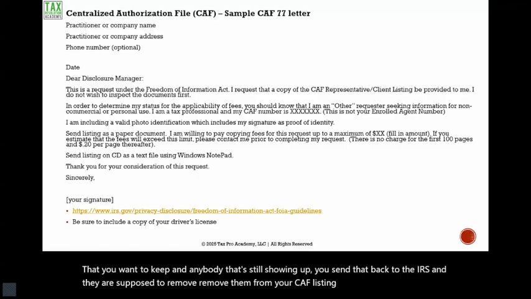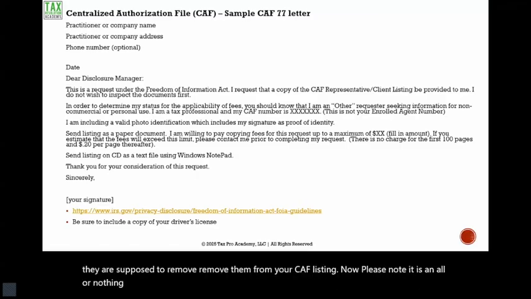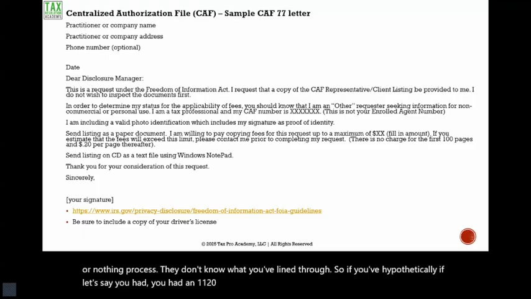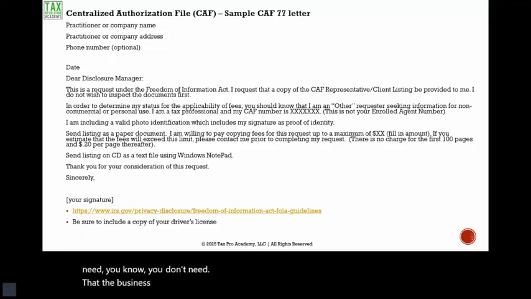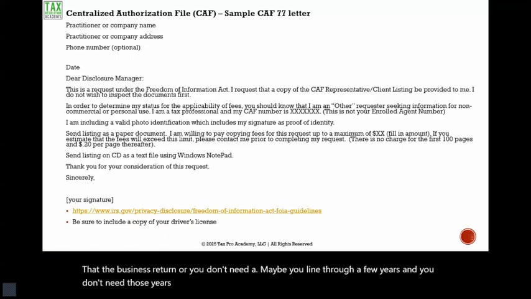Now, please note it is an all or nothing process. They don't know what you've lined through. Hypothetically, if you had an 1120S and you had payroll returns, and you line through the payroll returns because you're still dealing with a case on there, but you don't need the business return, or you line through a few years you don't need anymore, or you wanted certain years but not all the years, and you send that back, they're going to kill it all.